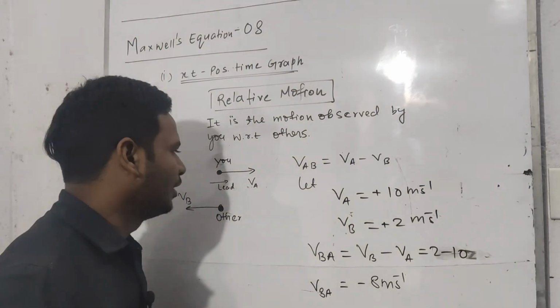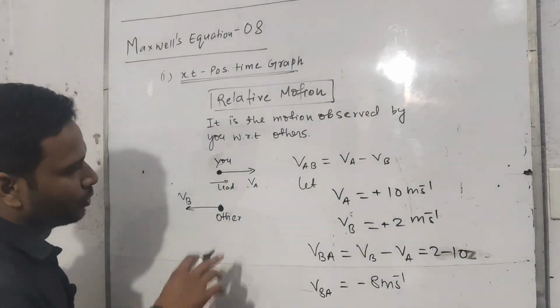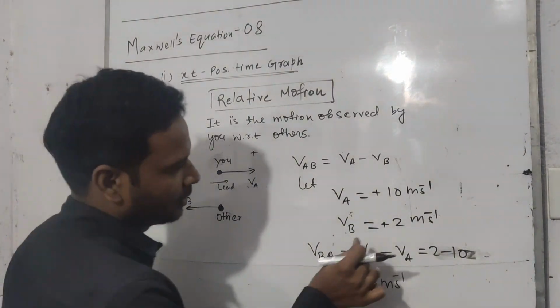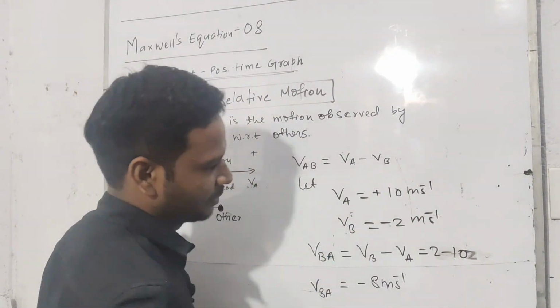Let's take all the values the same. If this direction is positive, then this direction must be negative, so 2 meter per second becomes minus 2 meter per second.